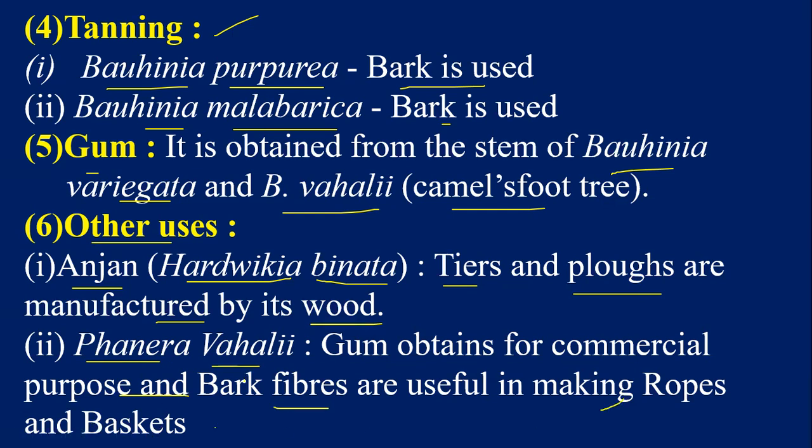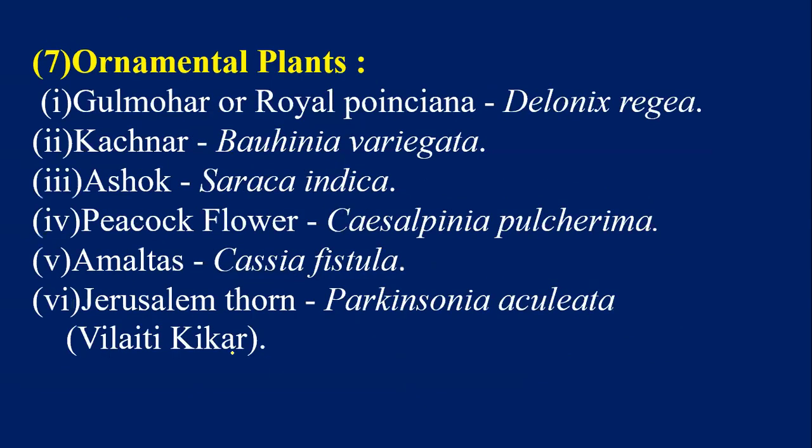This one we have already discussed. Gum is obtained from which plant? Bauhinia variegata, which is also used to prepare baskets and ropes.